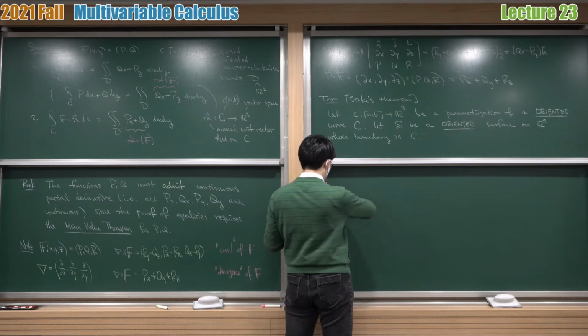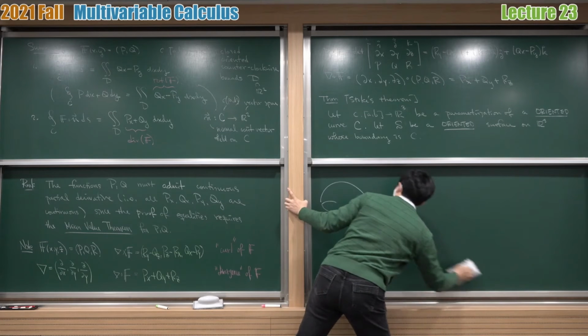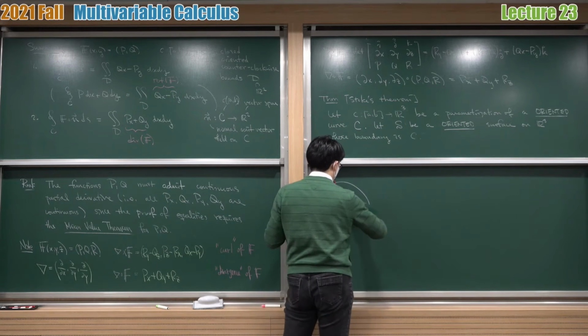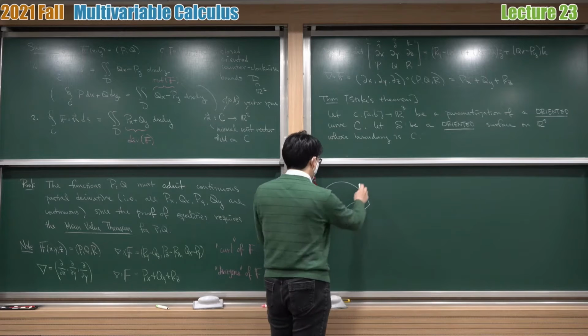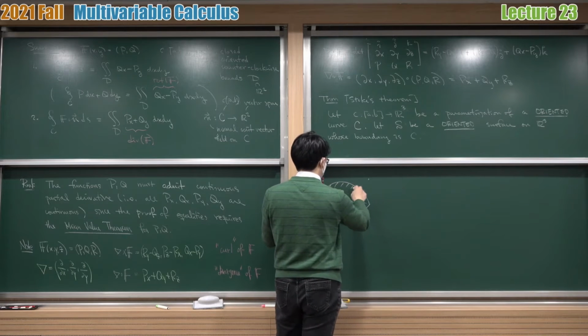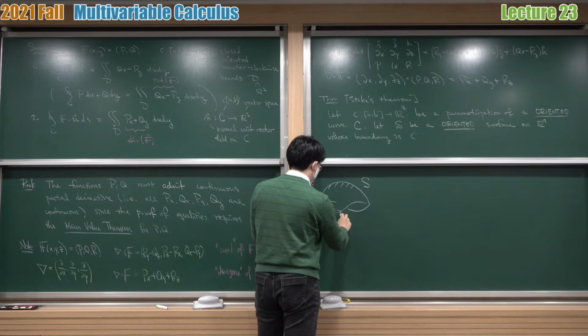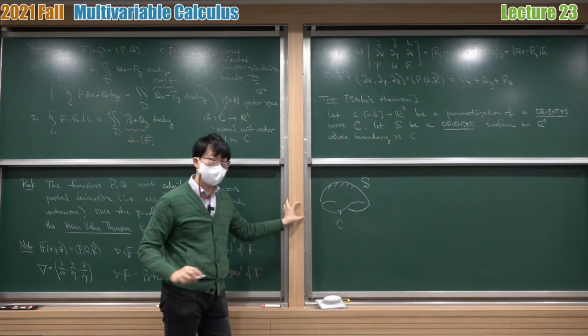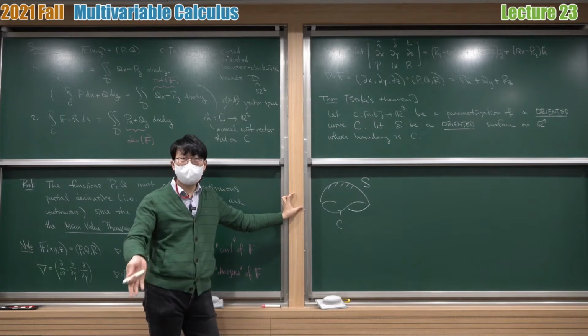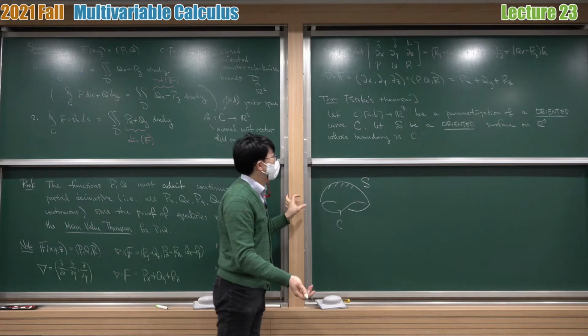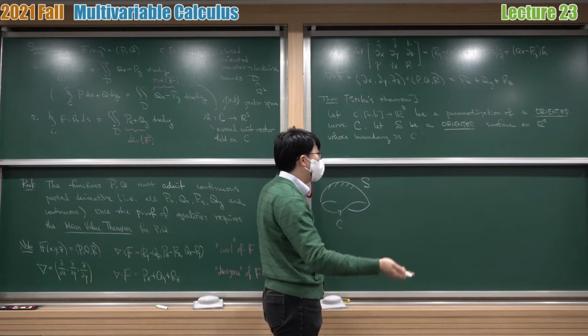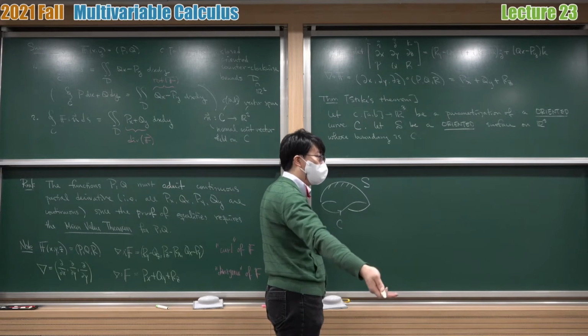Let's say I have this picture in three-dimensional space. I'm going to call this surface S, and I'm going to call the boundary of this surface C. And C has an orientation. And S is also an oriented surface, which means that we can give an orientation.